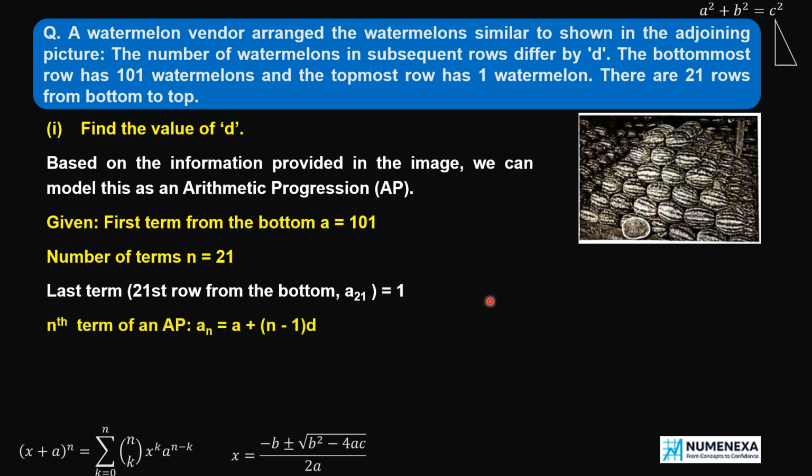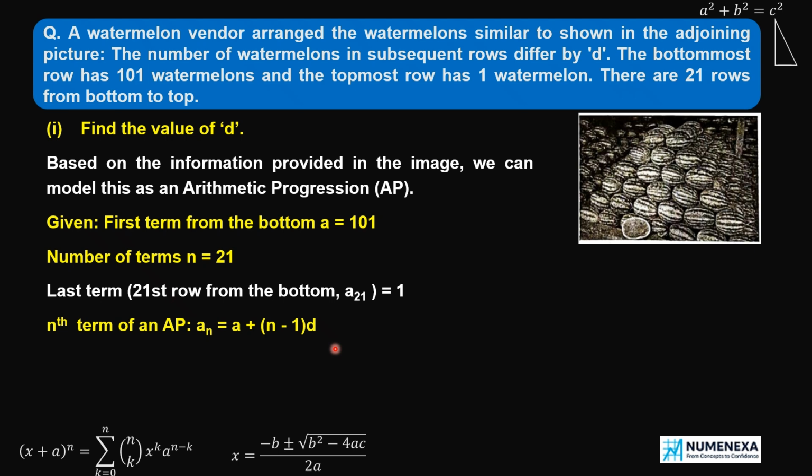And we know from AP, the nth term of an AP is given as an = a + (n - 1)d, where an represents the nth term, a is the first term, n is the number of terms, and d is the common difference.